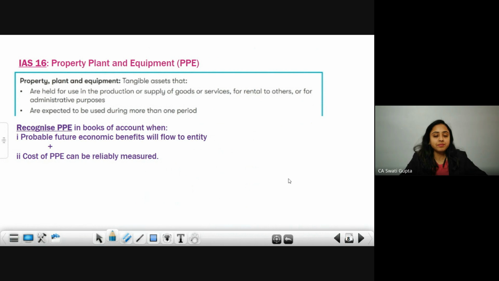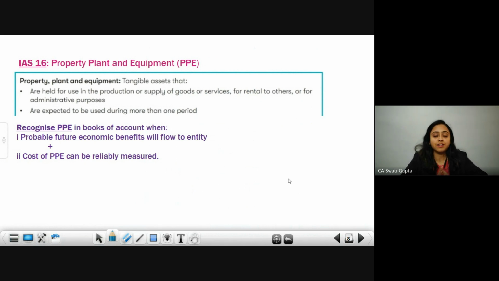Now, earlier, before IFRS, IAS and Ind AS were introduced, we used to follow AS, the accounting standards. Therein, if you remember, there was a standard known as fixed asset. Do you remember?